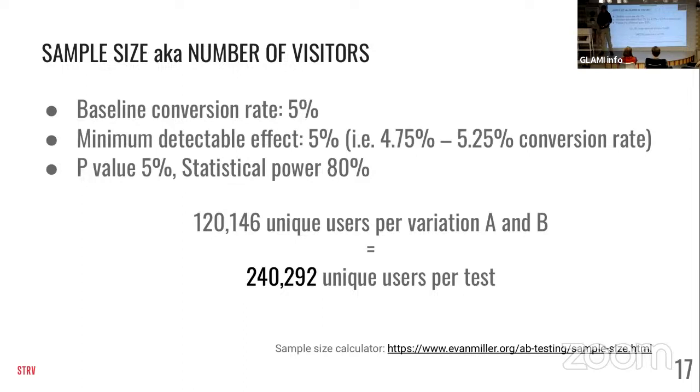So if we have a setup where the baseline conversion rate is 5%, and we would like to detect a 5% effect, meaning that this baseline will go from 4.75 to 5.25, so these are the limits you could detect, and you set the p-value and statistical power to recommended numbers, then you need 120,000 users per variant.